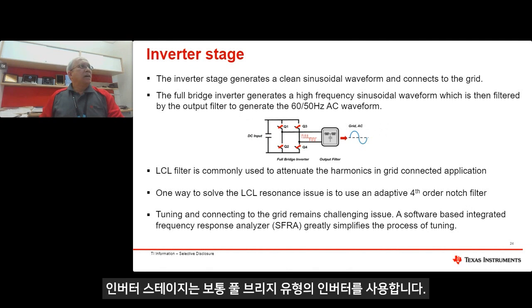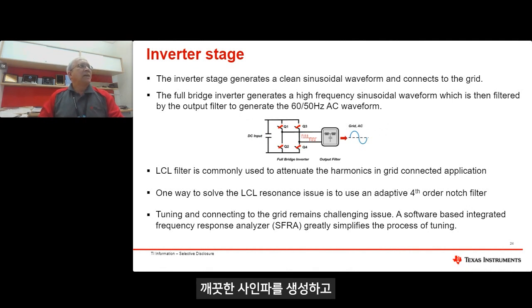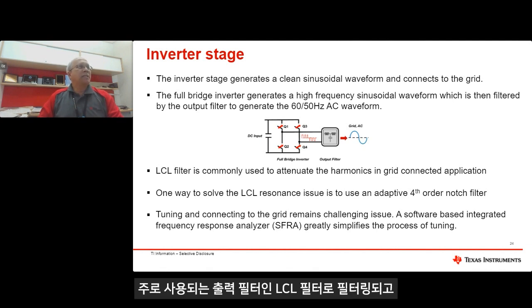The inverter stage commonly uses a full bridge type inverter. It generates, as we said, a clean sinusoidal waveform and connects to the grid. It injects a clean current to the grid. The full bridge inverter generates a high frequency sinusoidal waveform, which is then filtered by the LCL filter, mostly used.